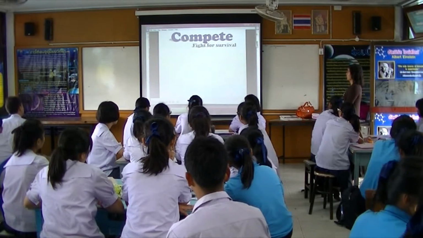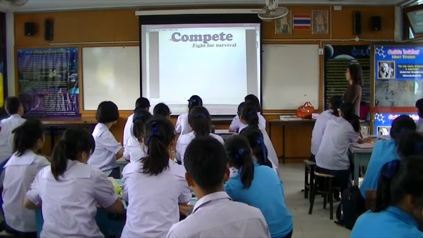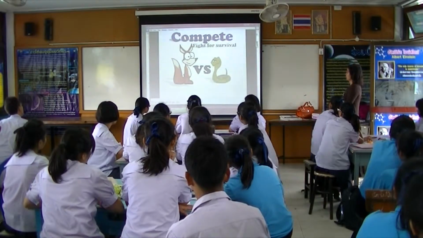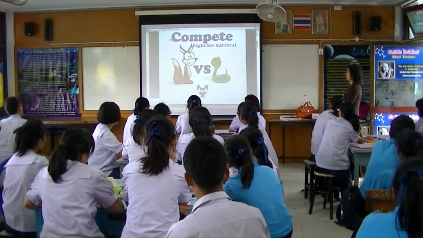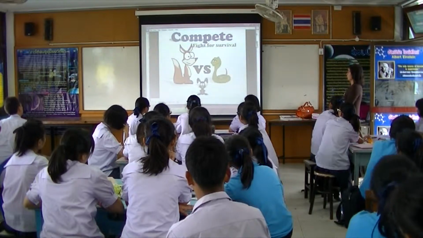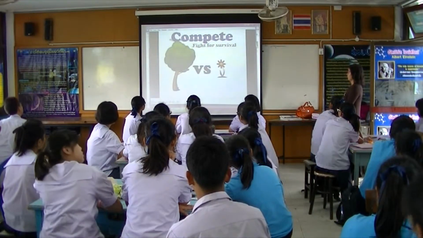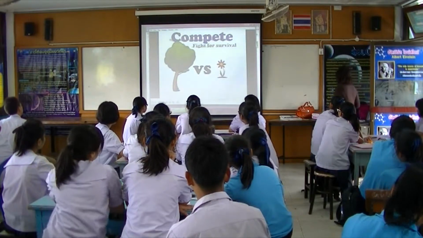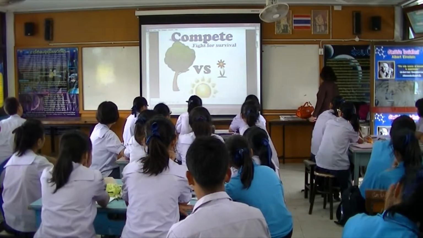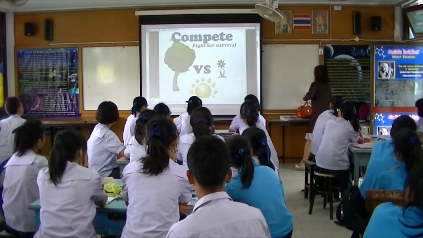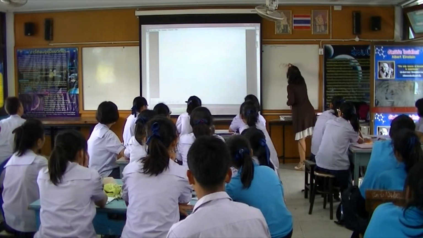Now, sometimes in an ecosystem, organisms compete or fight for survival. In this ecosystem, the fox could versus the snake when they fight for rabbits. Another example of competition could be the big tree versus a small plant as they fight for sunlight. And all of this is taking place in ecosystems around you.